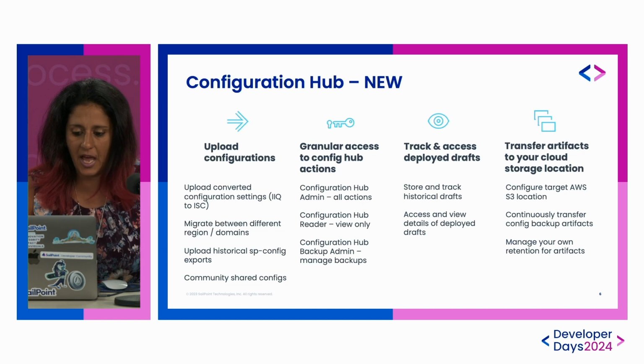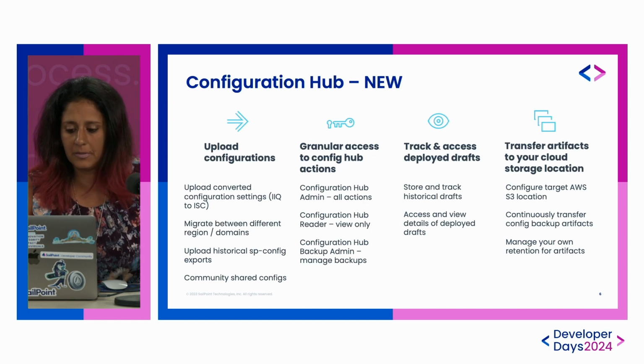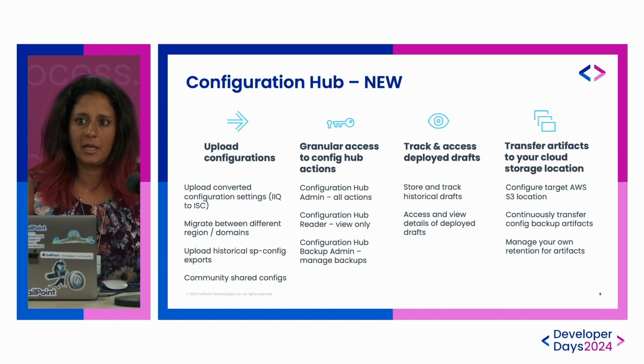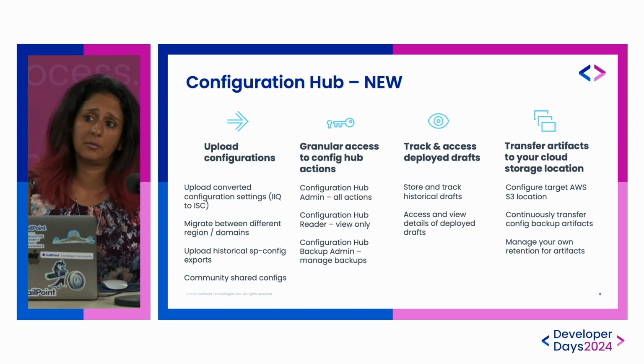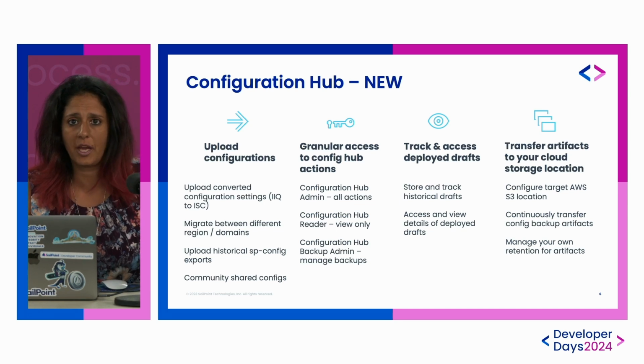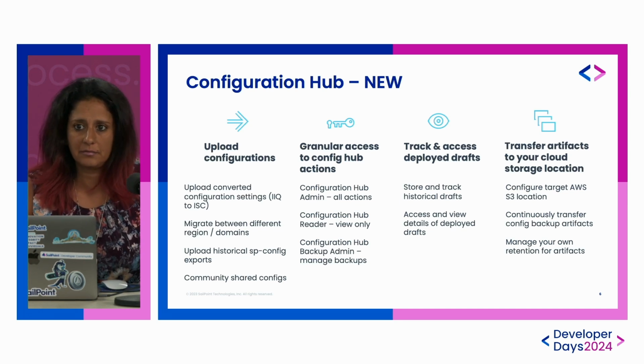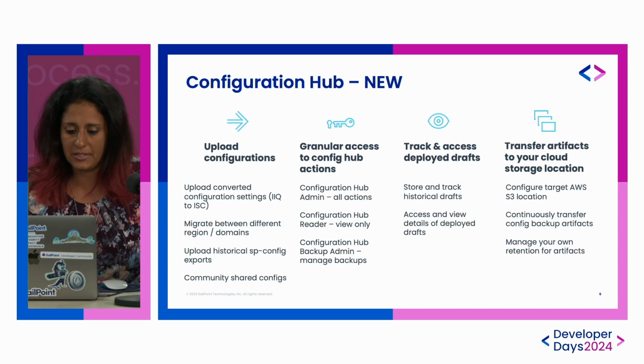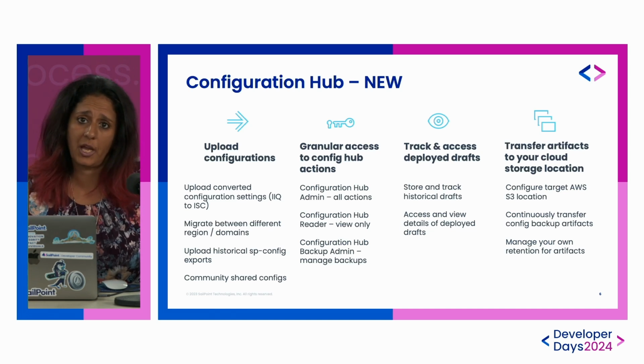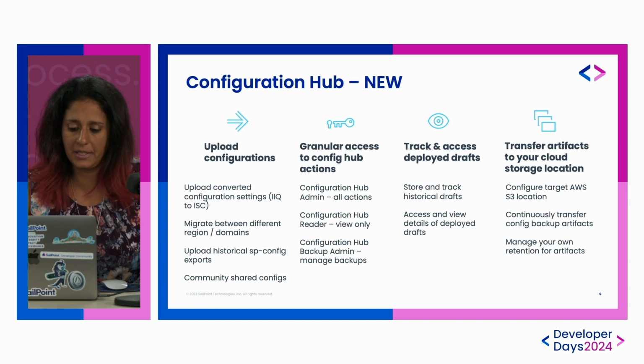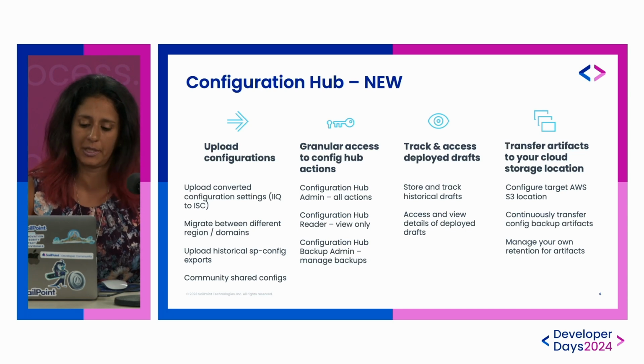Use cases for that is, for example, if you migrate from IIQ to Identity Now, and we have services teams that can generate JSON configurations from IIQ or from another system, and they want to bring it to Configuration Hub to keep maintaining them and use all the great capabilities in Configuration Hub to deploy them and maintain them.